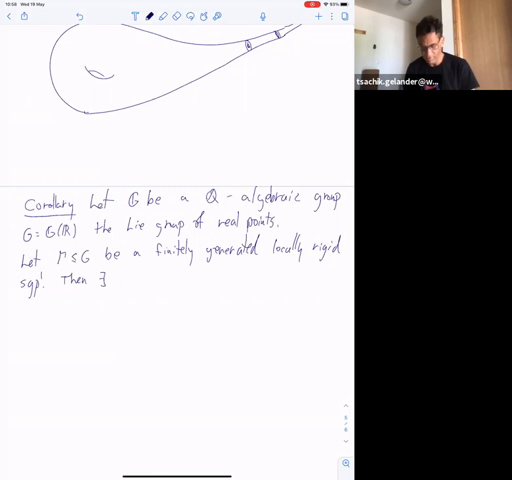Then there is a number field, so a finite extension of Q, K, a real number field, so it's a subfield of R, but it's a finite extension of Q, and G in G such that gamma conjugated by G is contained in the group of K points.